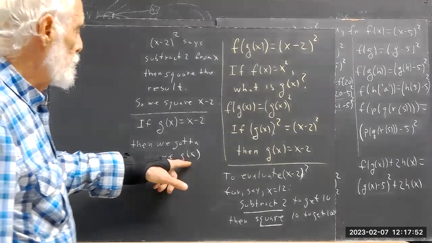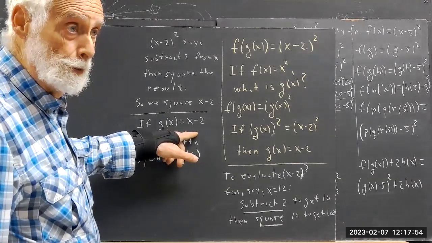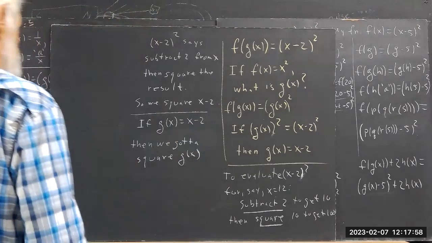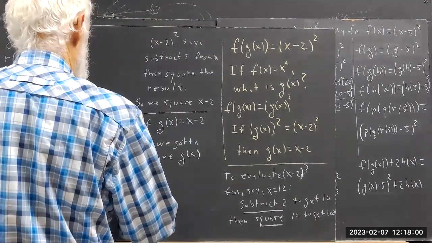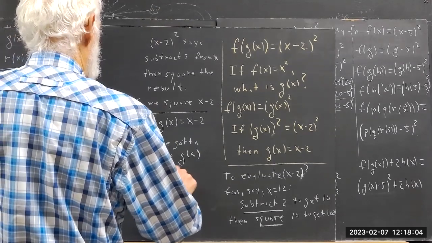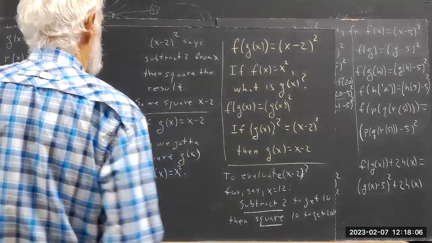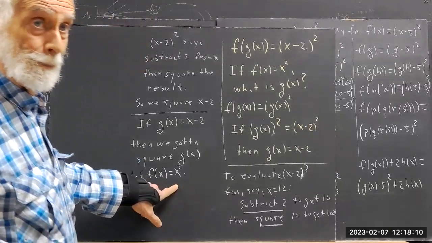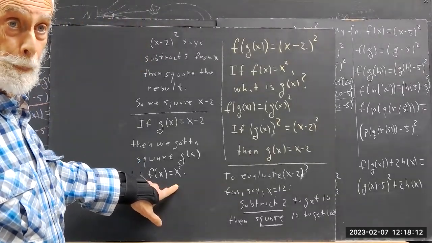So we start with g of x equals x minus 2, and then we square. The squaring function is x squared. It's the last thing we do, right?